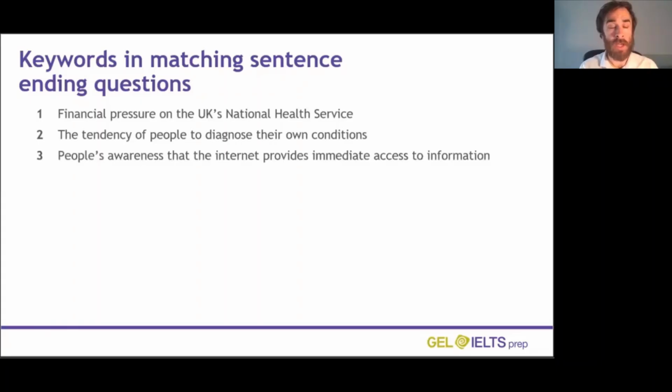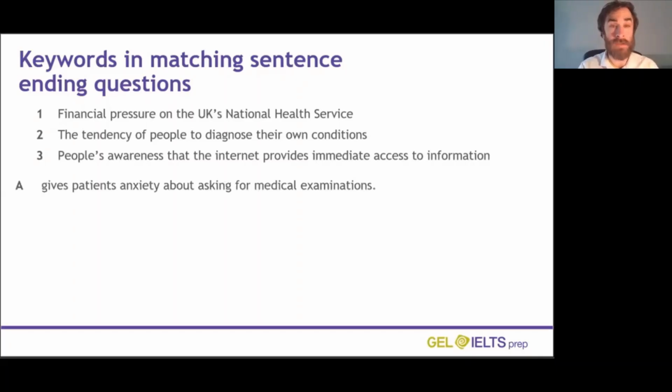And number 3, people's awareness that the internet provides immediate access to information. Some of you may have noticed that all of these are noun phrases. They deal with abstract nouns, so pressure, tendency, and awareness. So we can expect that the sentence endings are probably going to start with a verb.